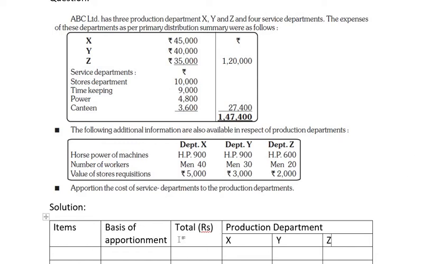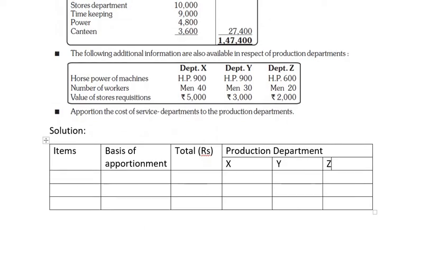Now first of all, let's see what is the expenses of production department. Over here it's given the expenses of these departments as per primary distribution summary: for X is 45,000, for Y 40,000 and for Z 35,000. So let's write it over here.